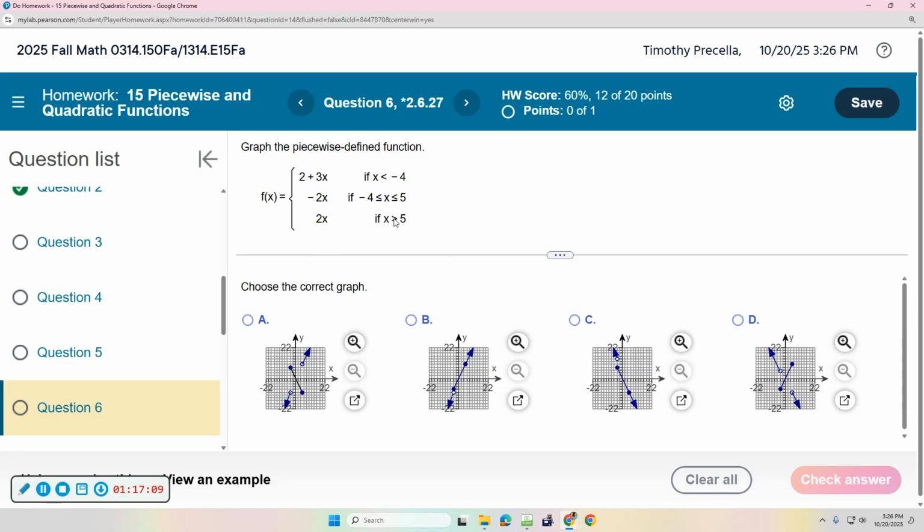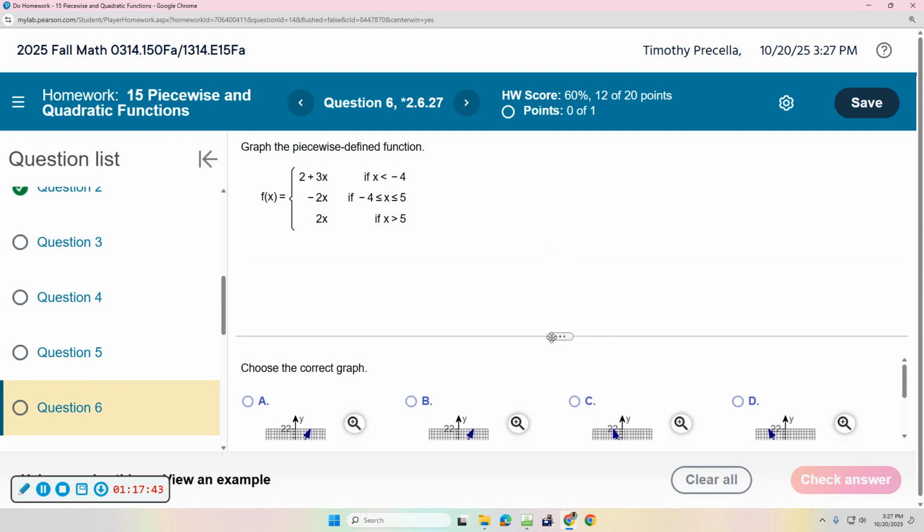So you're going to label each piece a different color. But I'm going to start with the top and work my way down, okay? So let's see. I'm going to use 3. Let me write the problem down. F of x equals, I'll use green for the 2 plus 3x if x is less than -4.